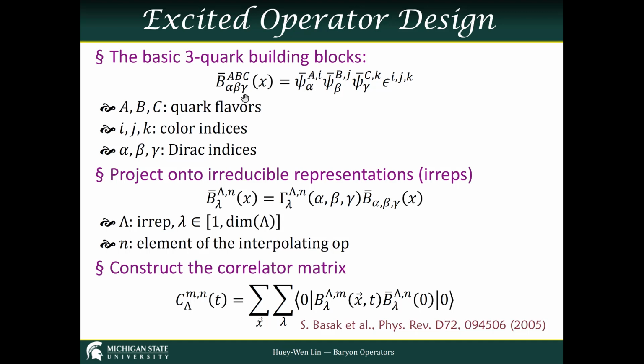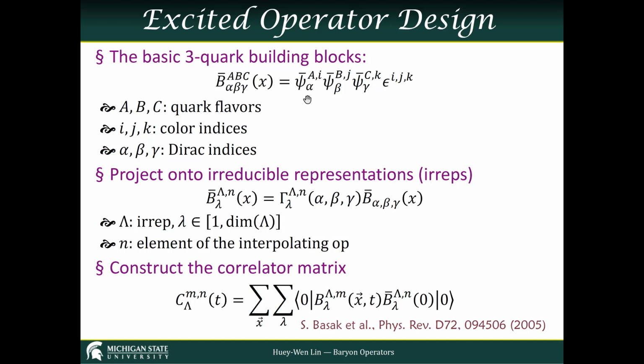We label it on the bottom with 3 indices, alpha, beta, and gamma. These are going to be Dirac indices. They're going to describe the spin characteristics of this particle. And internal to this operator, there are also color indices, i, j, and k. But because the baryon is, of course, a color-neutral operator, these three indices, i, j, and k, are actually contracted out using this epsilon.